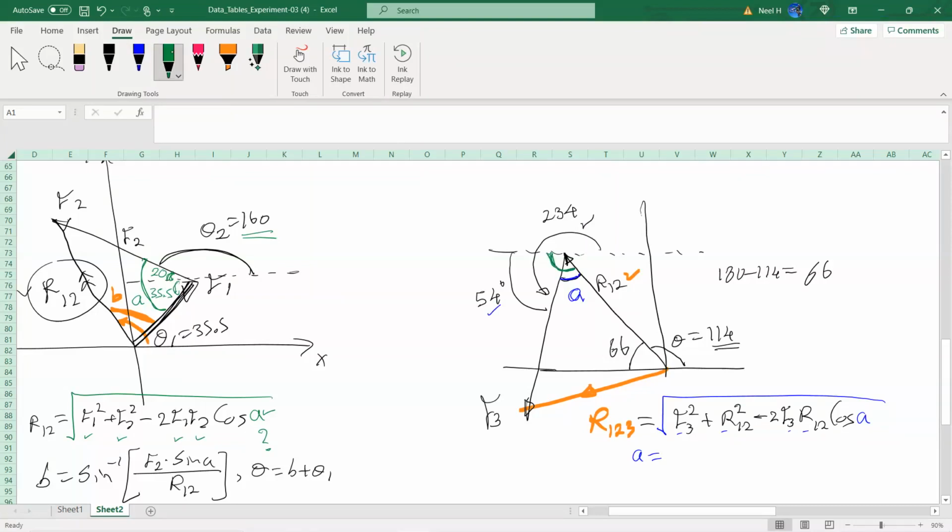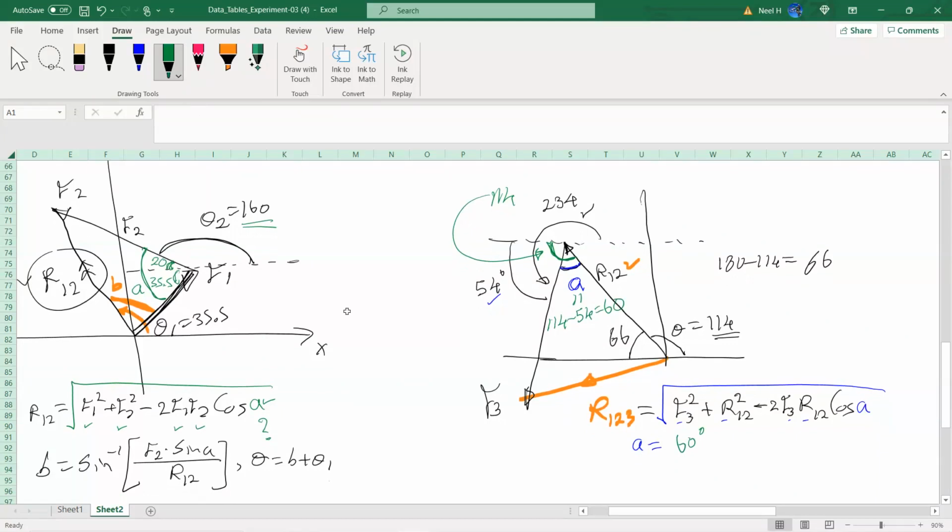So this part of the angle A should be 114 minus the 54, which is actually 60, right? Yeah, which is 60 degrees. So it's very easy. Angle A is 60 degrees. That's just the geometry, nothing much, just grade 7, grade 8 level geometry, okay?